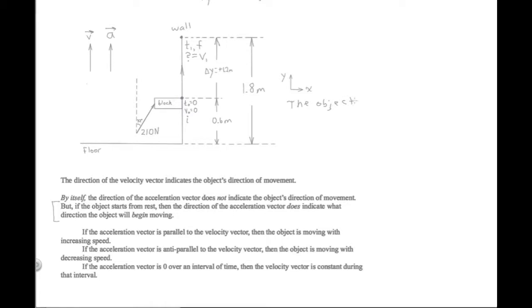The object begins at rest and then moves up. It begins at rest because the initial velocity is 0. Then it moves up because the later velocity is pointing up.